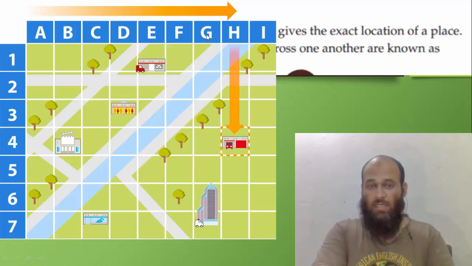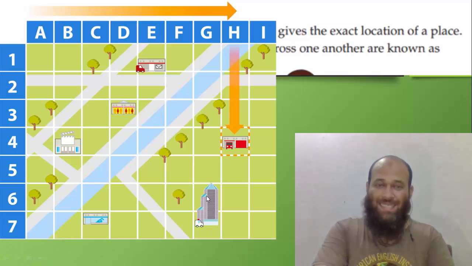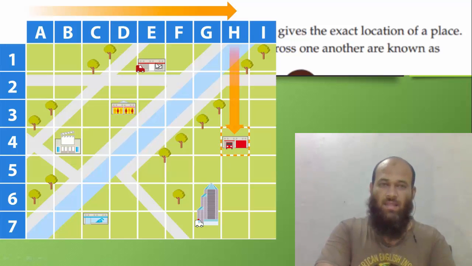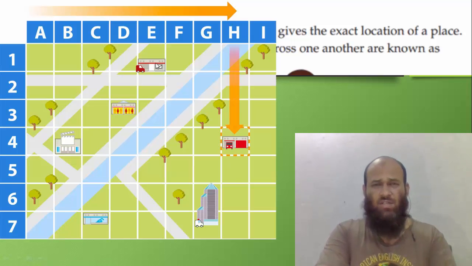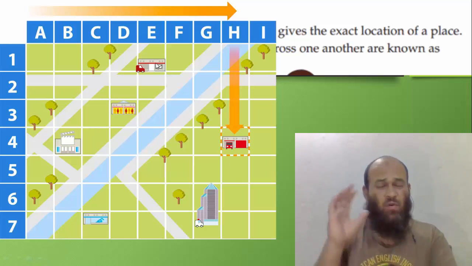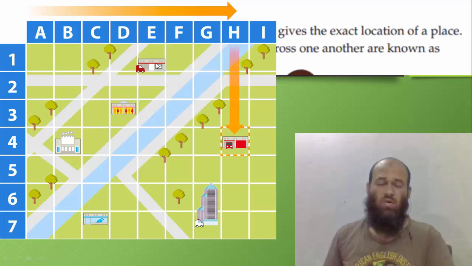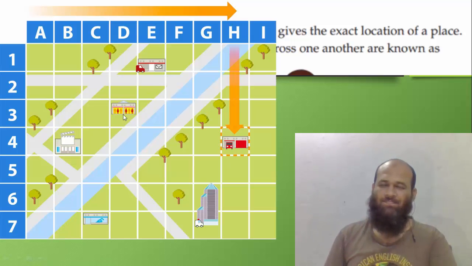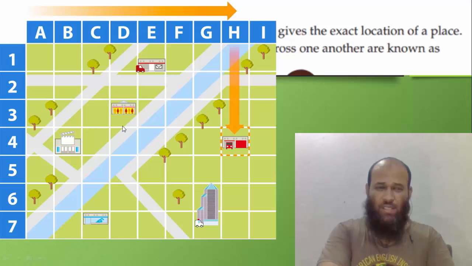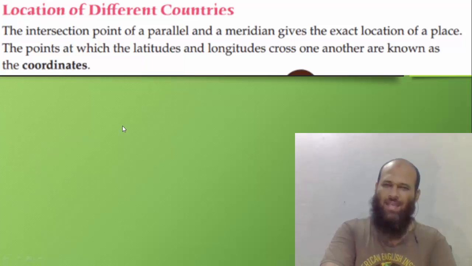Big hotel, where is it? G7, not 6, 7. And then this place is at E1. It's quite easy, you see. Once you give proper coordinates, it becomes easier for others to follow. Now, can you find the place on this map in D3? I know you found it, it's here. And C7. Gotcha, thank you.